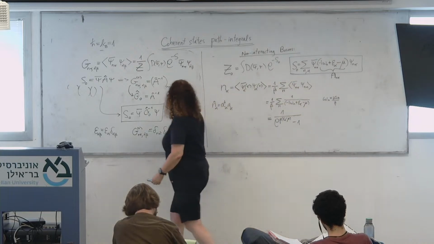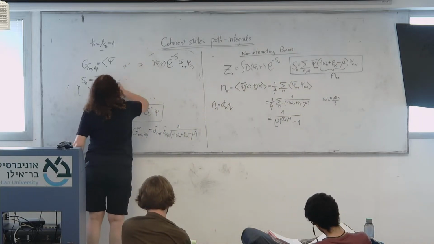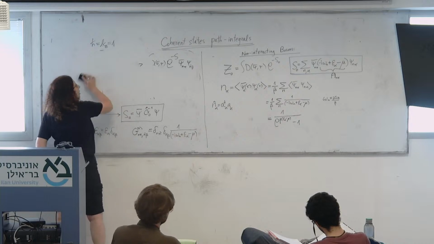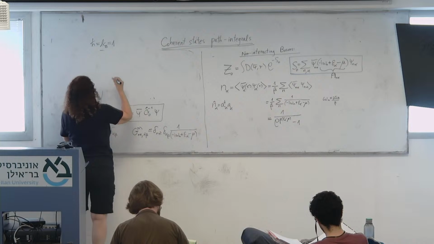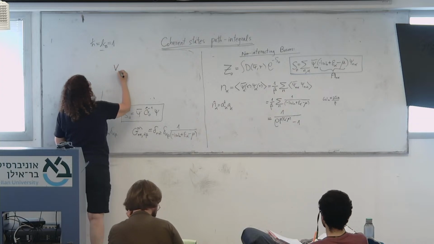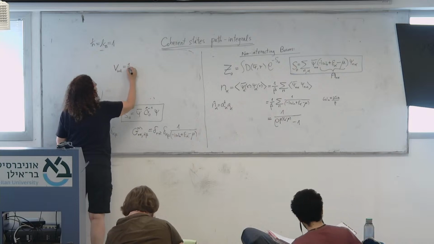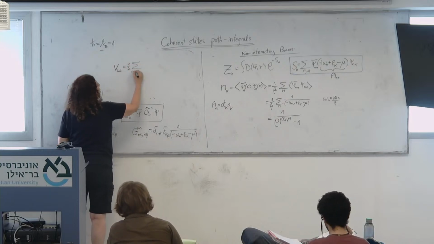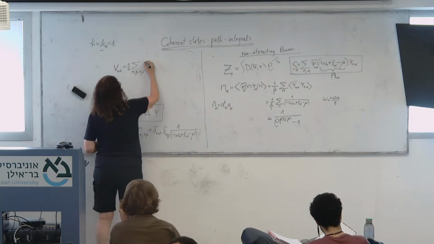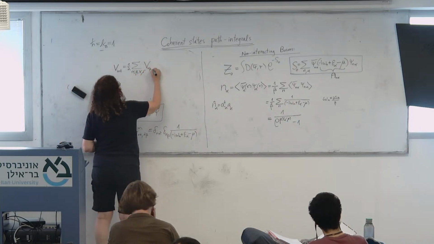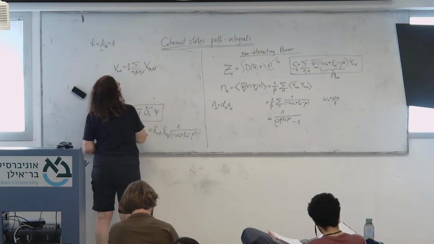If you have an interaction term, the interaction is a four operator thing, right? So if I'm writing it, the interaction functional is something like 1/2 the sum over 4 indices, and there are some coefficients.